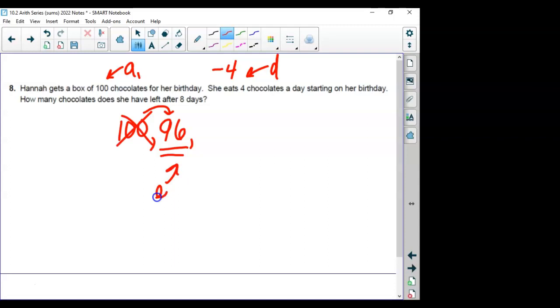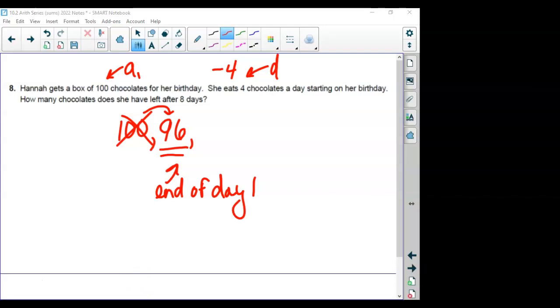End of day 1. So if we want to do it that way, we could say she started with 96 and she subtracted 4 for 8 days, or you could say she started with 100 and she subtracted 4 9 times. Am I right? Actually, if you started with this, it would be 8 times and this would be 7. Oh, now I'm confusing myself.